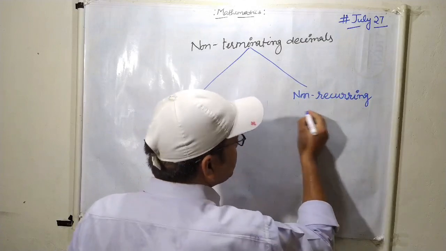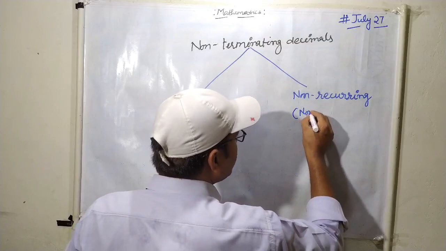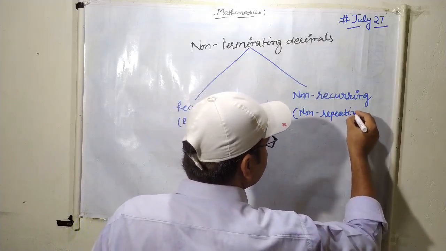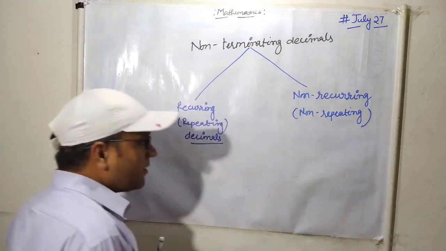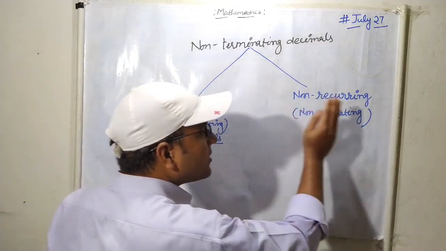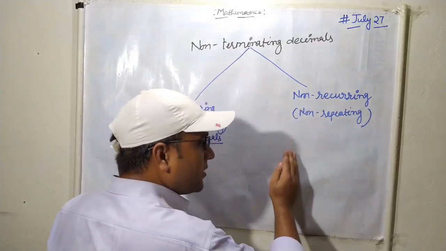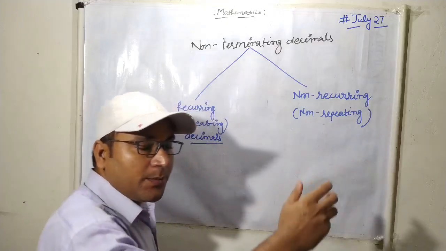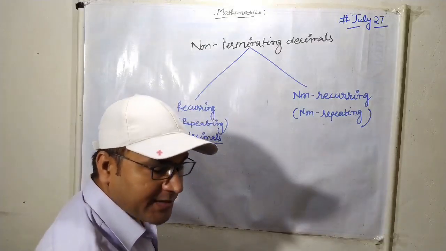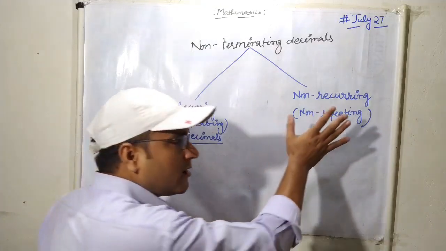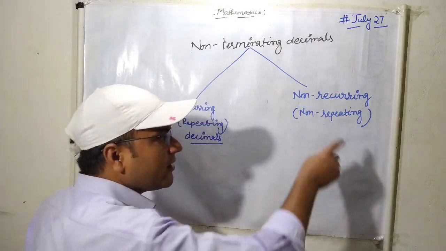Non-recurring, non-repeating means that it is not going to end, and it is not repeated either. You are going to do your division, but the terms are not repeated after a few points. It always comes as different numbers in the decimal, in the quotient.